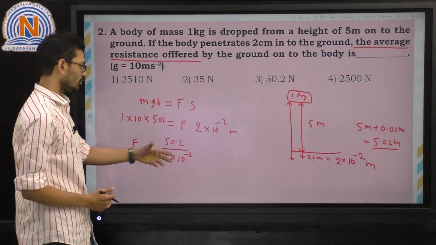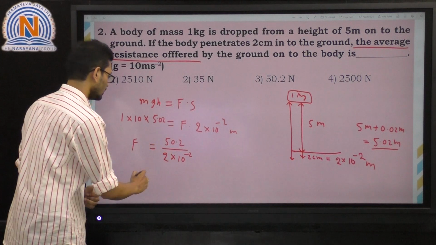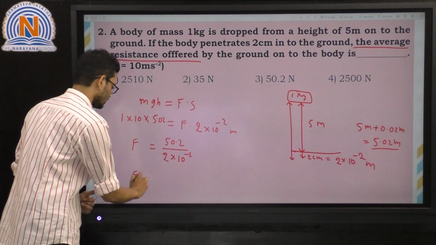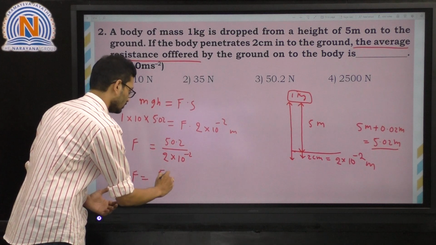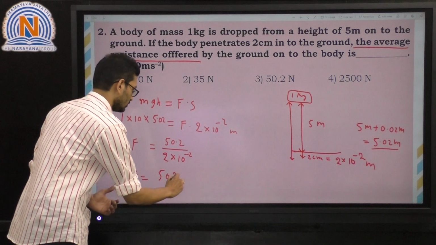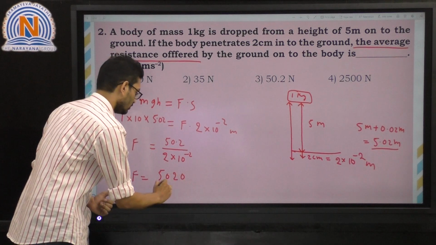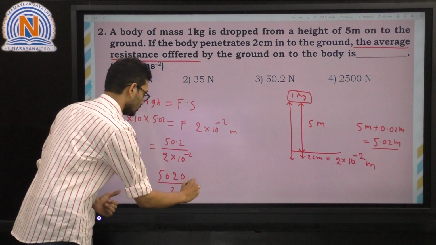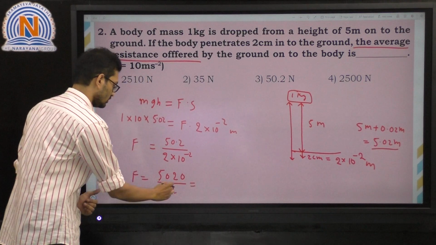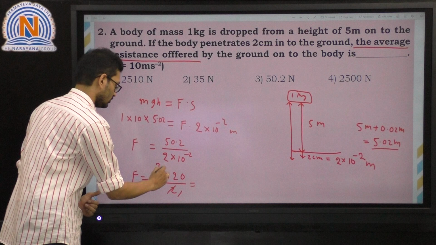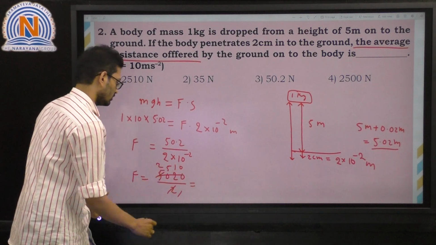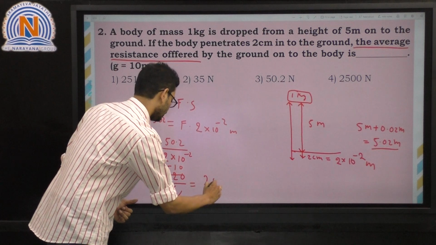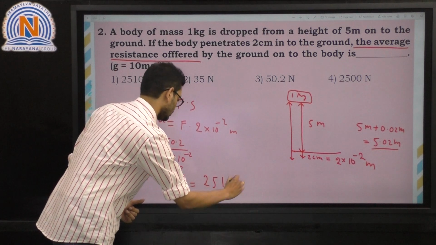If this 10 power minus 2 goes up, F equals 5020 by 2, which is 2510 newtons.